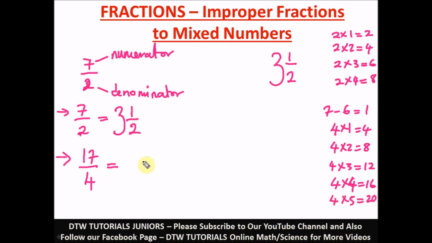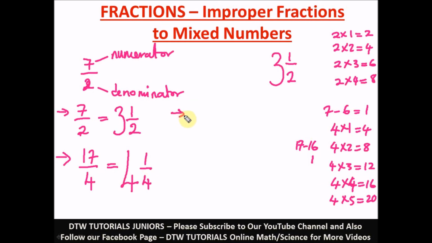Okay, so it means 4 can go into 17 how many times? Just 4 times. So we write the 4 whole number. Okay, then we now subtract 16 from 17, and that would give us what? 1. So we have here 1 over 4. So we've converted this to what? A mixed number.